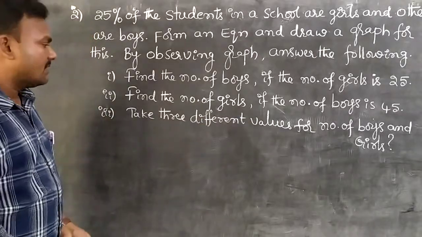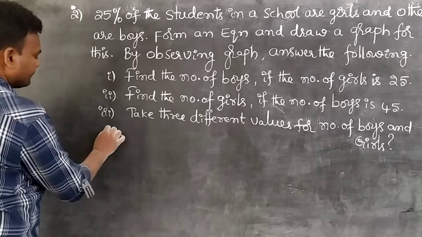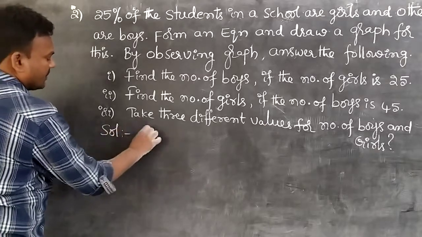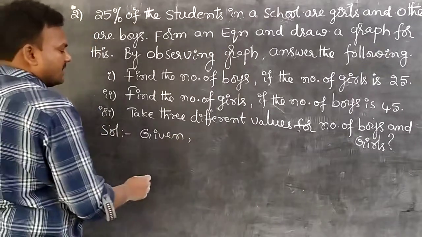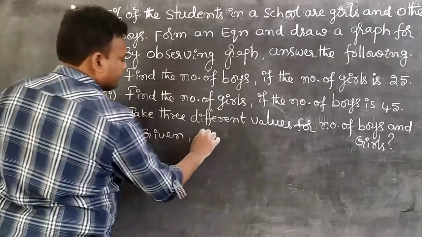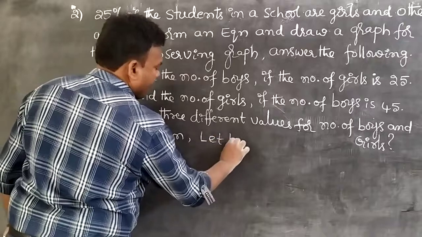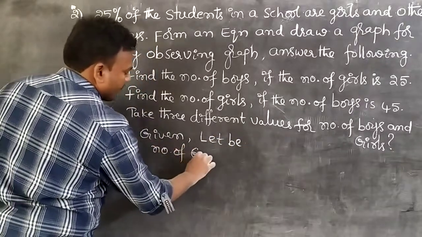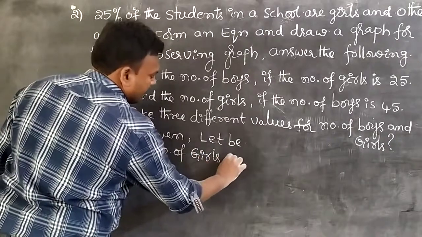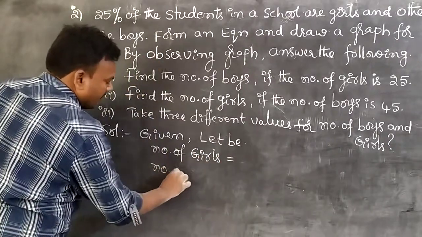Okay, friends. First one, observe the solution. Solution given. Let X be the number of girls and Y the number of boys.